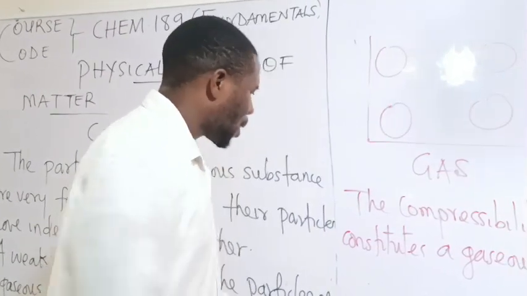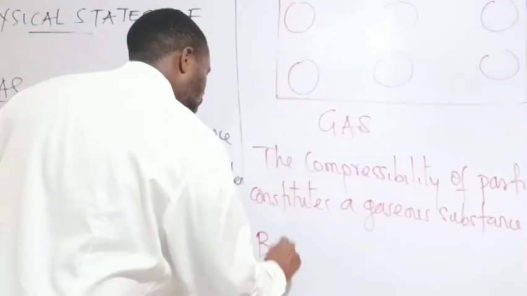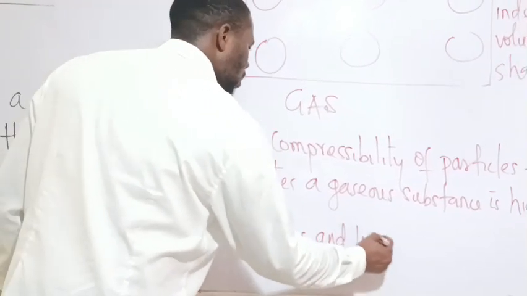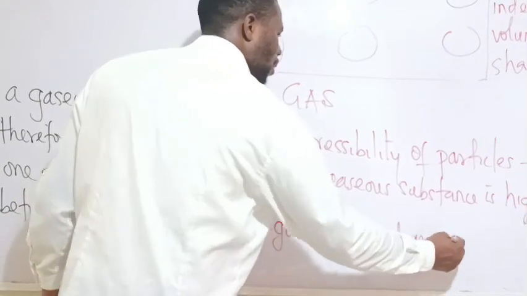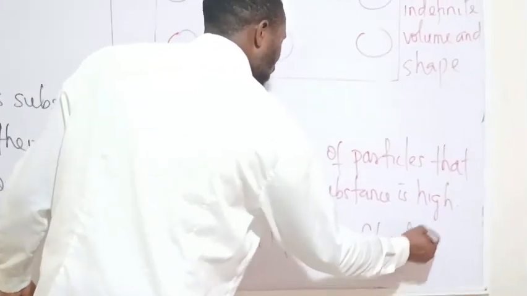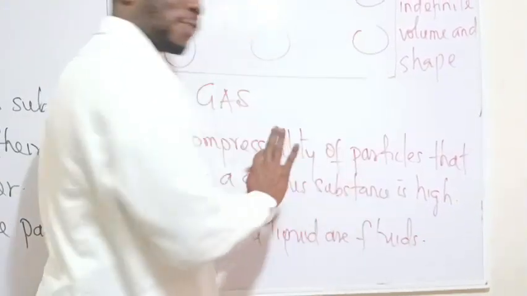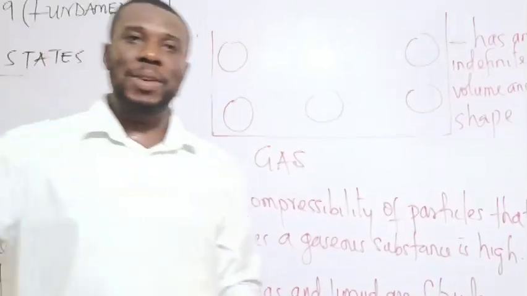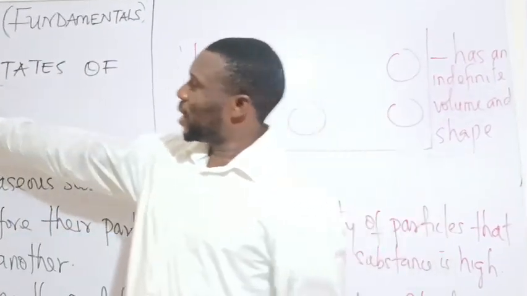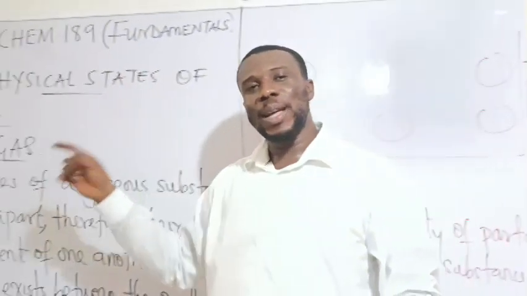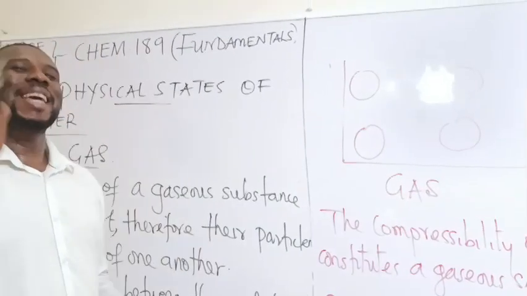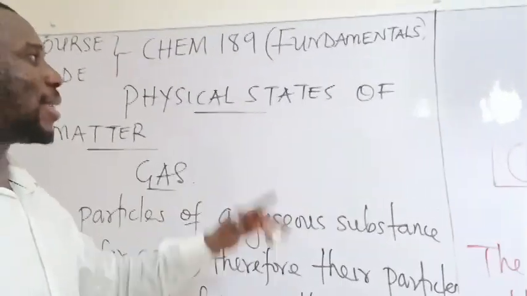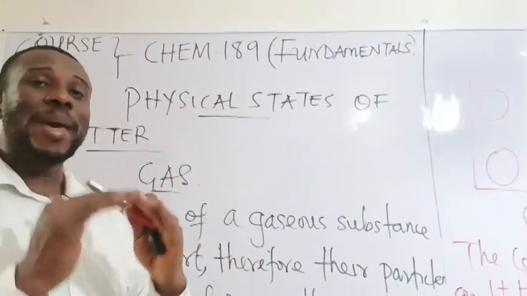So both gas and liquid are fluids. Fluids implies they can flow. Now, this is the first classification of matter, that in terms of its physical state. Now we move on to classification of matter in terms of the kind of atoms, molecules or ions in that matter. We call that based on its composition.